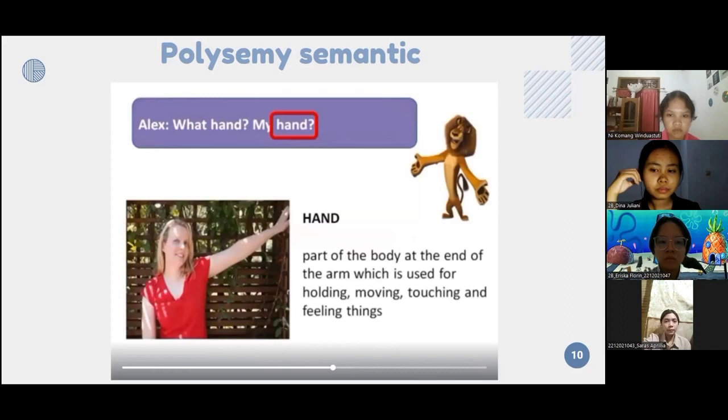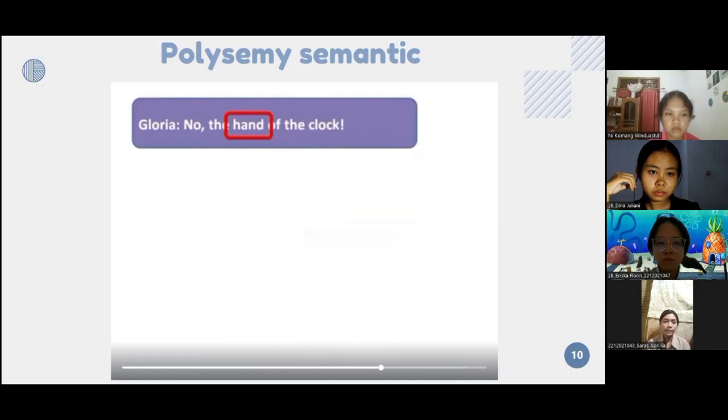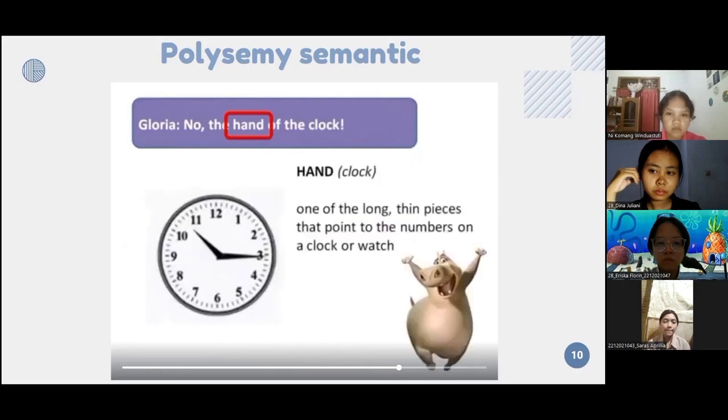That Alex was actually referring to the hand, which is a part of his body at the end of the arm, which is used for holding, moving, touching, and feeling things. There you go, look at the picture here. This is what he was referring to. Now, what do you think I was when I said no, the hand of the clock? You got it right.